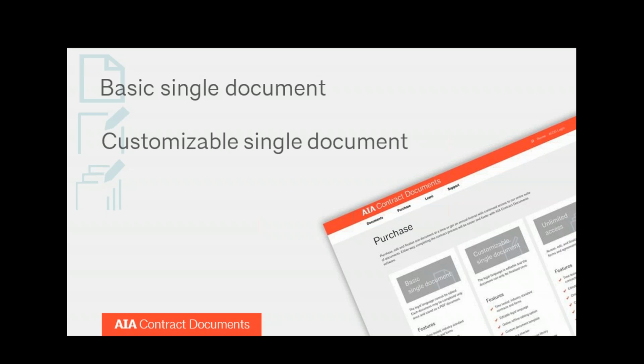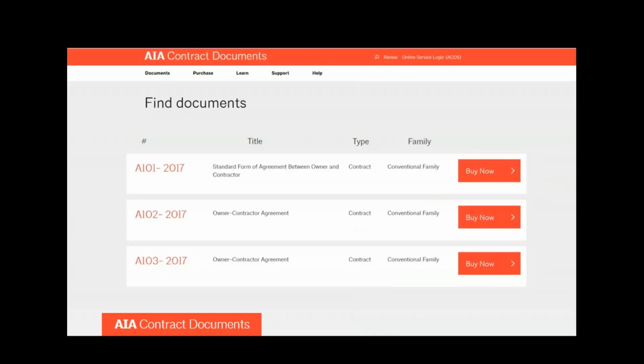However, you can also purchase a customizable single document in which you can edit the legal language, and you can finalize that draft once, so you have one final document. Or you can purchase an unlimited one-year access in which you have unlimited access to edit as many documents as you'd like and also finalize as many documents as you'd like. So if you haven't already, take a look at aiacontracts.org/purchase and look at these options and find which one might be best for you and or your company.